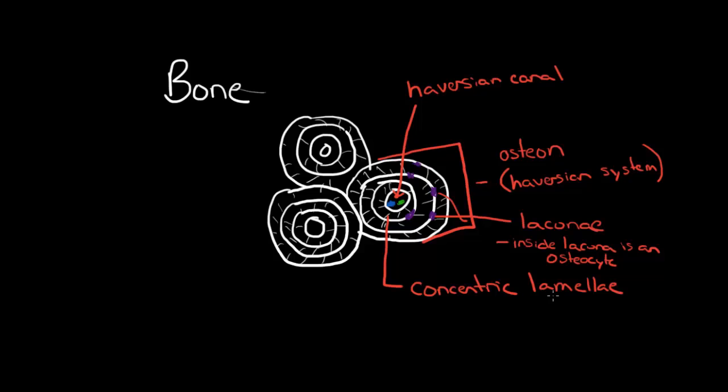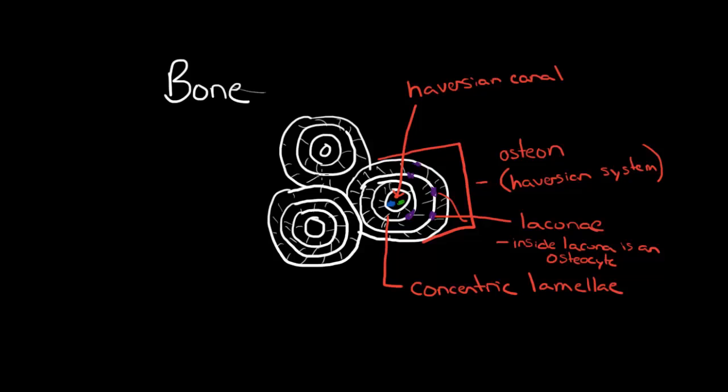Remember when we had a cartilage cell, we called it a chondrocyte. So chondrocytes live within a lacuna, and osteocytes live within lacunae. Okay? And so this is the basic structure of the osteon or Haversian system, and you need to know all of these parts.